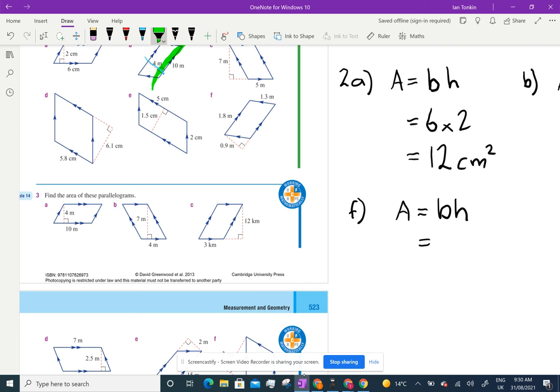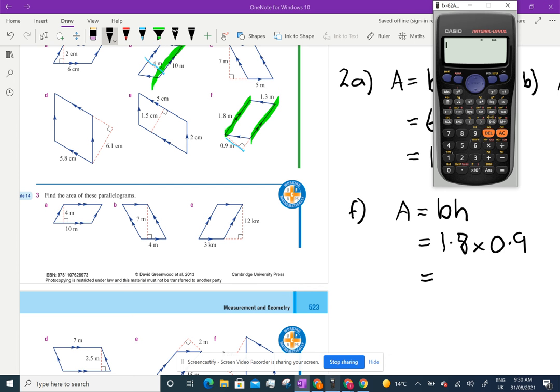So they've given me this side, but if I was going to use that side, I'd need a perpendicular height from here. And I do not have that. But what I do have is that 1.8 there is the same as that 1.8 there. And yes, that touches that height. So I'm not going to use the 1.3. So the base is 1.8 and the height is 0.9.